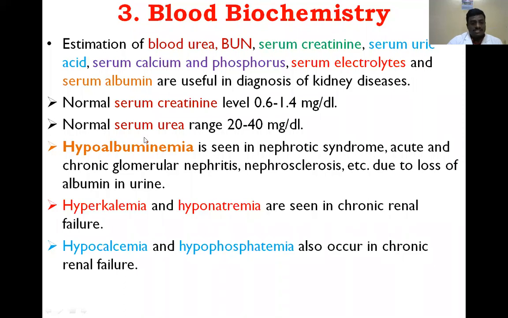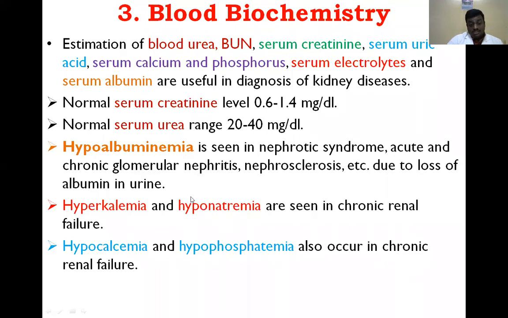In those conditions hypoalbuminemia may be produced, especially in nephrotic syndrome, acute or chronic glomerulonephritis, and nephrosclerosis, with albumin in the urine. Next are hyperkalemia and hyponatremia: a high amount of potassium in the blood and a low amount of sodium in the blood.